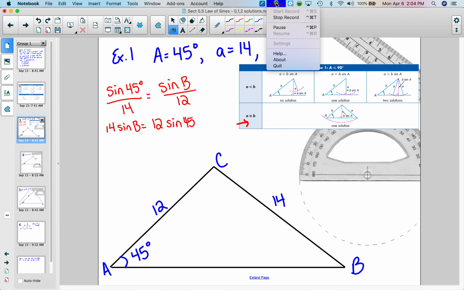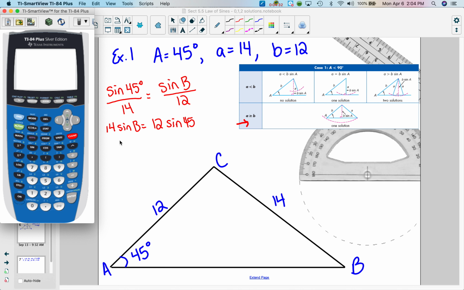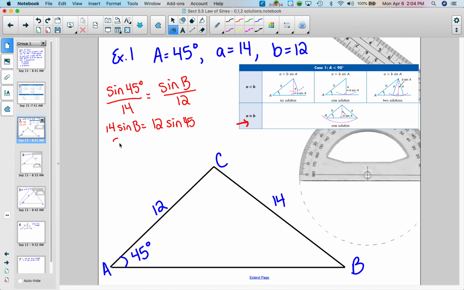So grabbing our calculator, we've got sine B equals 12 sine 45 over 14.